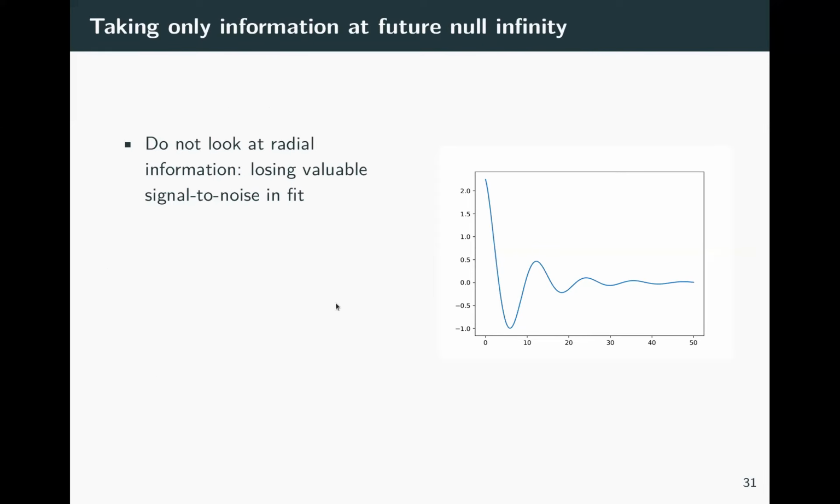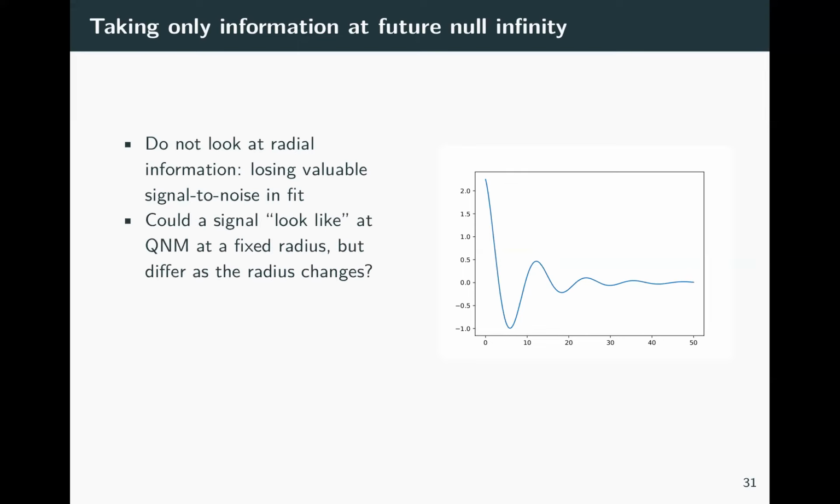But you're not looking at the radial information. LIGO isn't going to tell you the radial information, but from a numerical relativity perspective, you do have radial information, and that could give you more information in your fit, higher signal to noise.